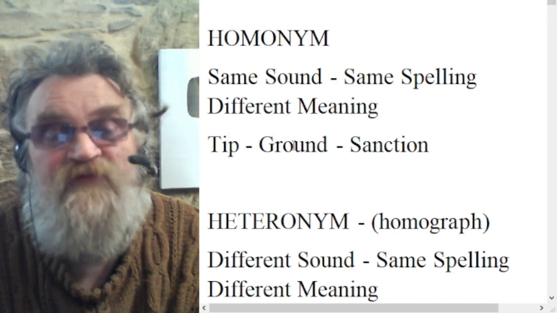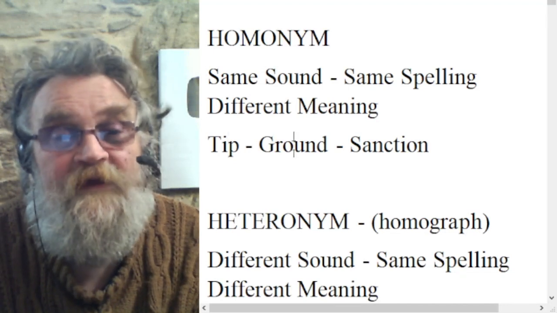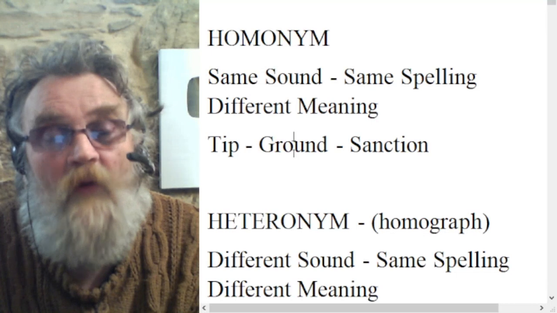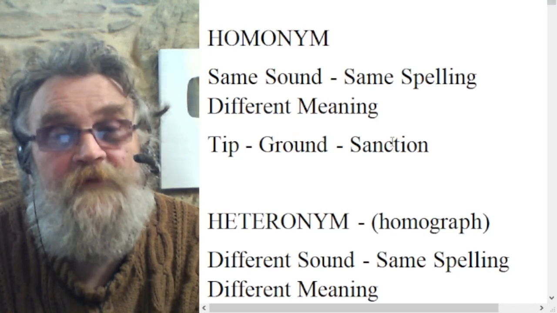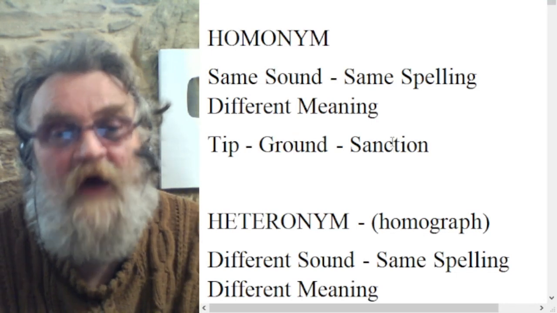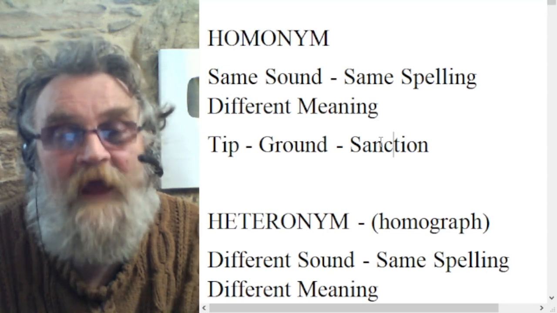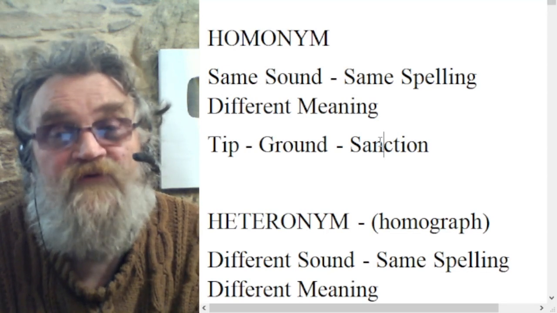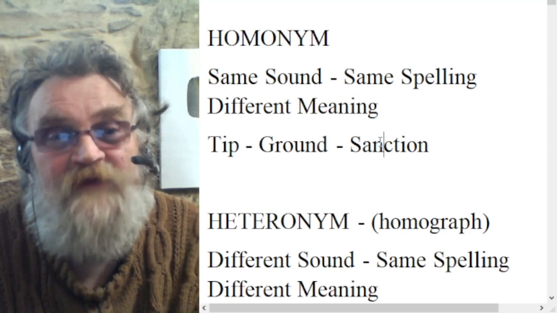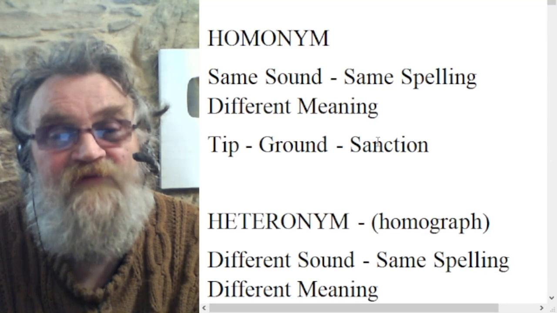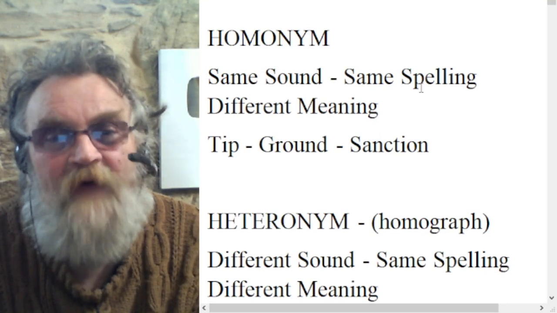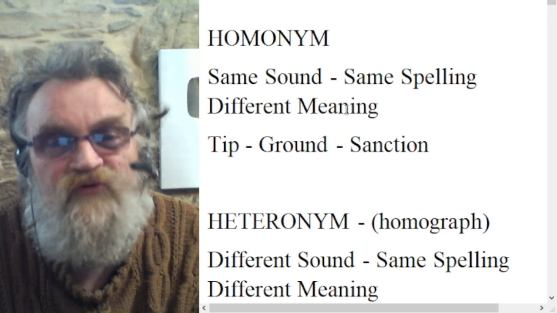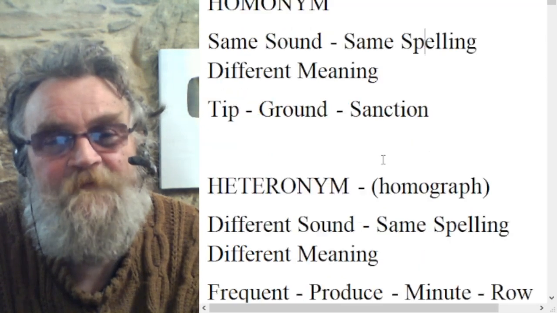Would you like some ground coffee? My feet are on the ground. Sanction. To give permission. I sanction your action. Or to sanction, to punish, to fine, to give a penalty to. Okay, so these are homonyms.